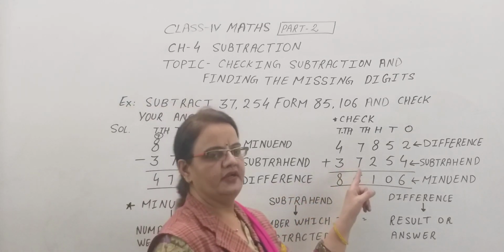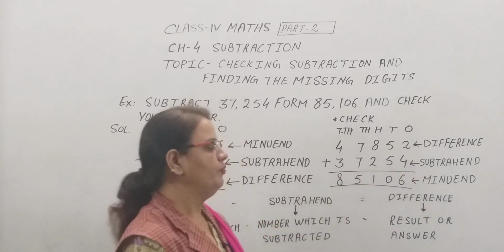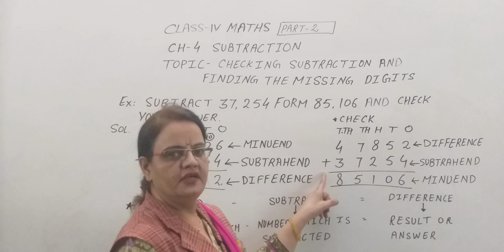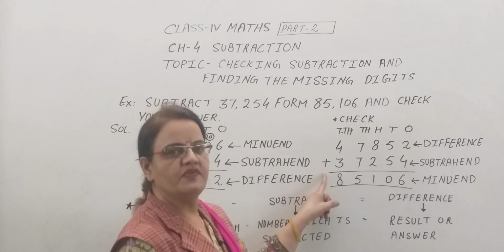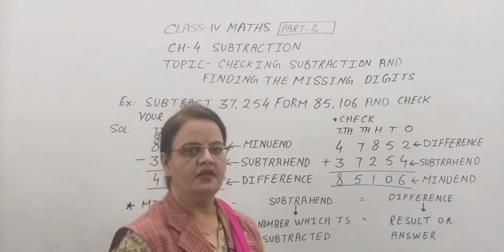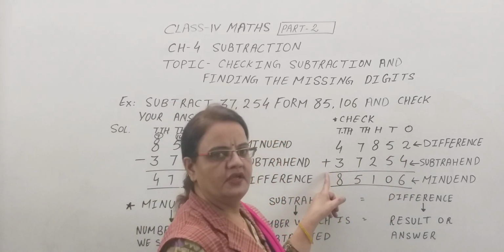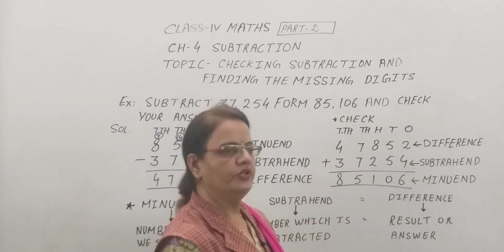So here we will write down again 37,254, and we will put the plus sign here, because we are checking the answer. As you can see the sign is plus, so we will add both the numbers.